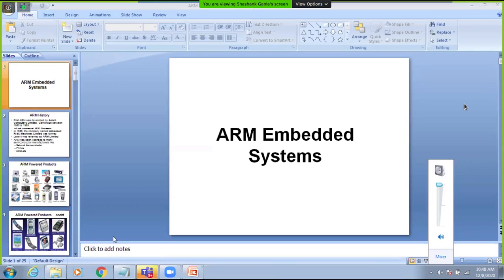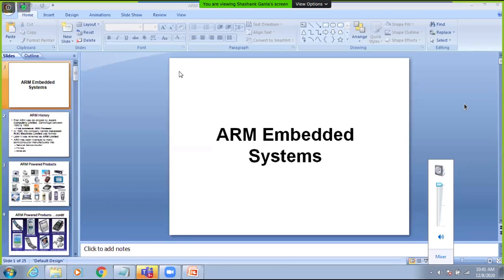But as you move from ARM7 to ARM9, some extra hardware features or instructions will be added. If you move on to ARM11 also, and ARM Cortex also, more features and instructions will be added. But most of what you learn in the ARM7 core is carried forward to the next versions of the CPU architecture.